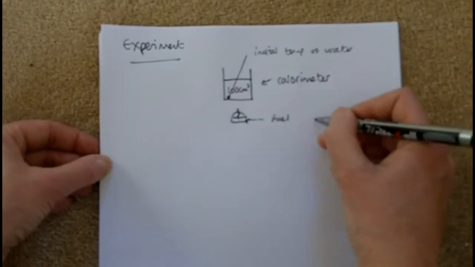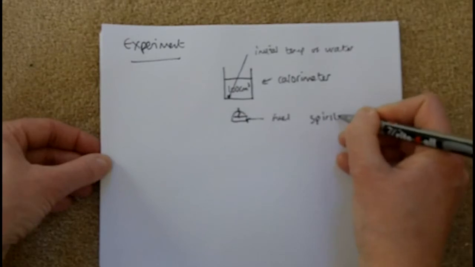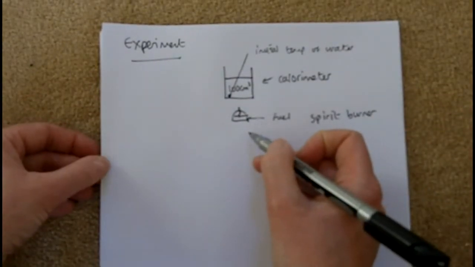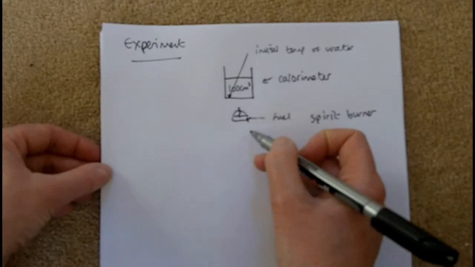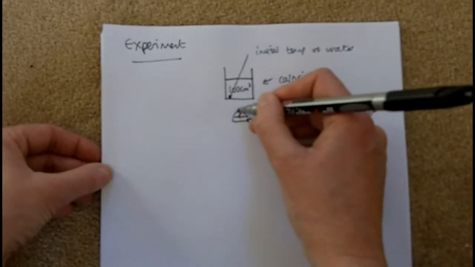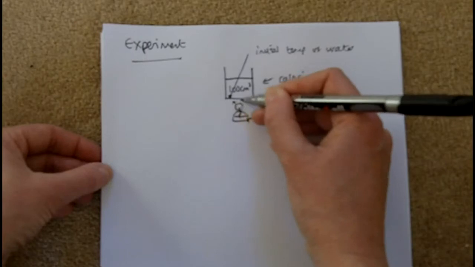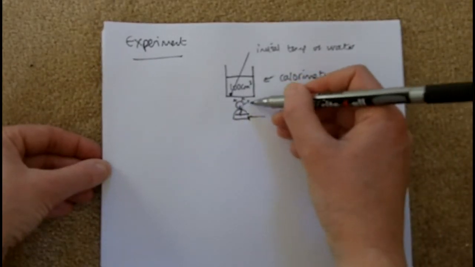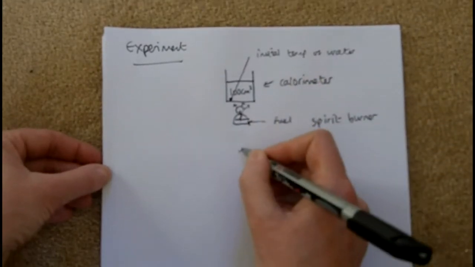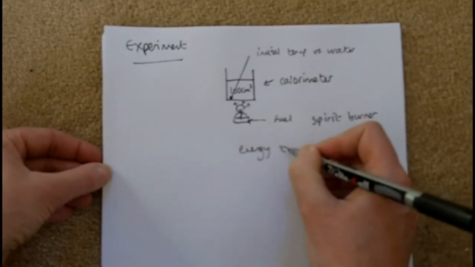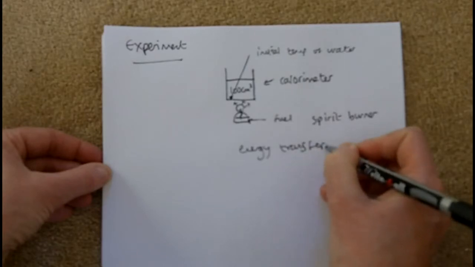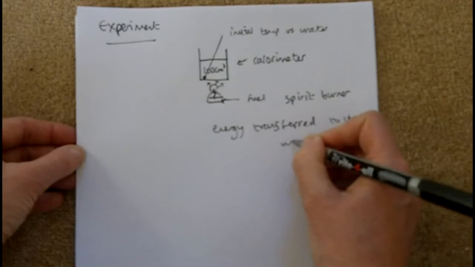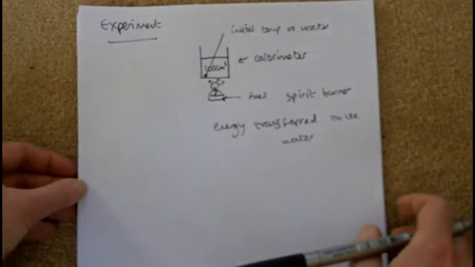You weigh the spirit burner before, and then you weigh it after, and you light the spirit burner so the fuel is combusting, and you're measuring how much energy is transferred to the water, absorbed by the water.